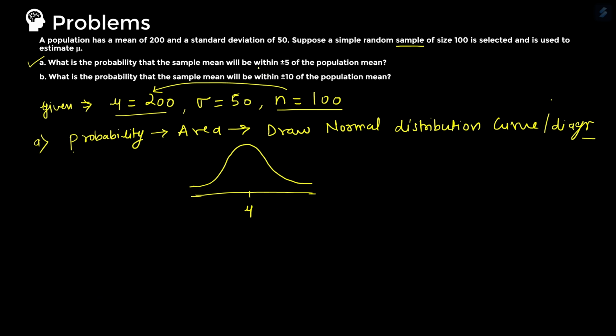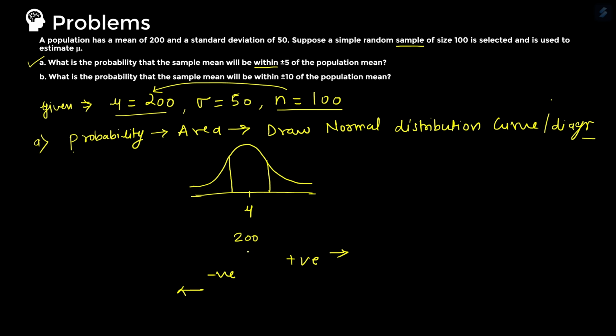Now in the previous slide, I told you whenever the word "within" comes, we will use the approximation method in the normal distribution diagram. So our mu is 200, and when we add, this is our positive side, this is our negative side.